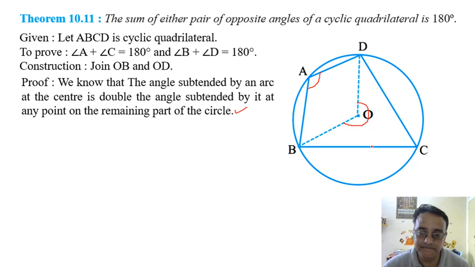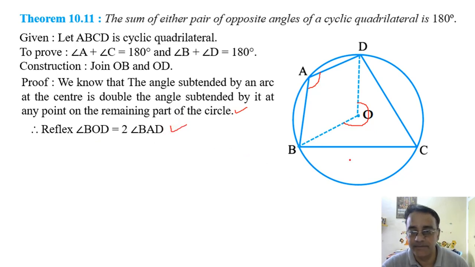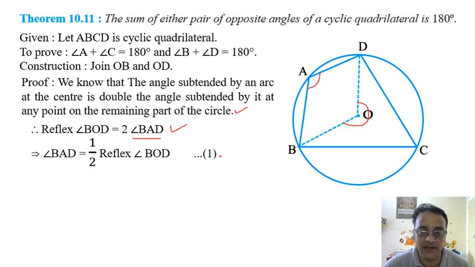Is that clear? So this is a reflex angle. Okay, so we'll write reflex angle BOD is equal to 2 times angle BAD. Any doubt here? No, sir. Okay, so angle BAD we can write as half of reflex angle BOD. Let it be equation number 1.